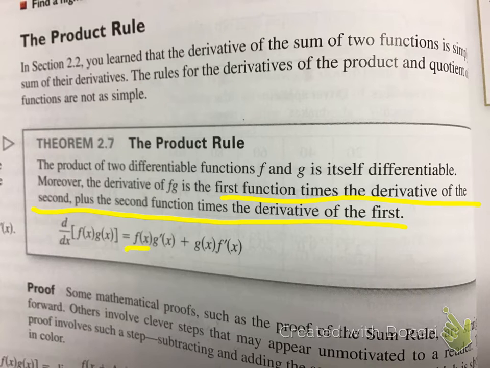It's the first function times the derivative of the second one plus the second function times the derivative of the first. And I really say that almost every time. It's the first times the derivative of the second, plus the second times the derivative of the first. I'll write it better here when we work one.